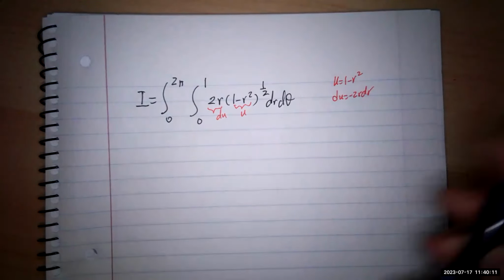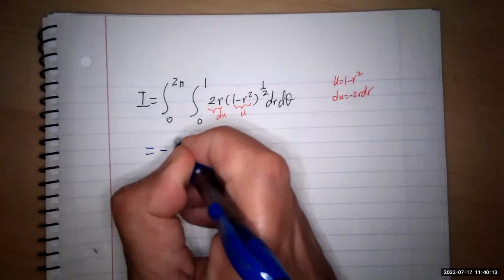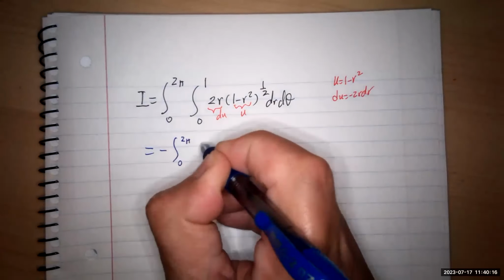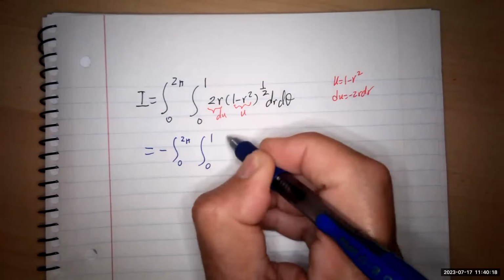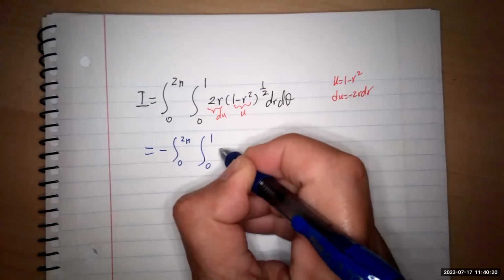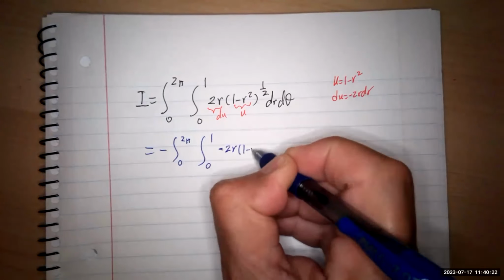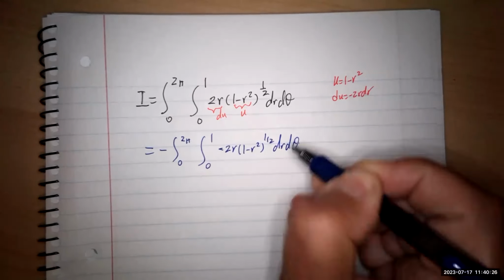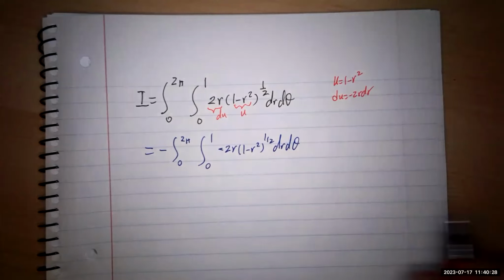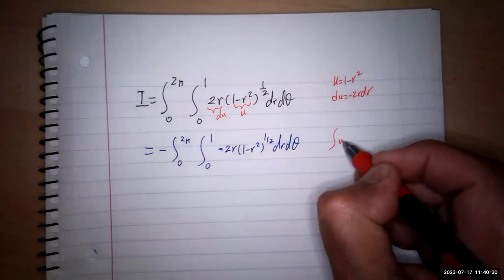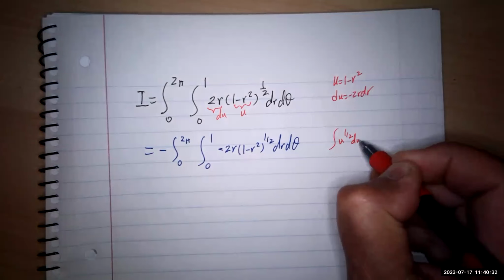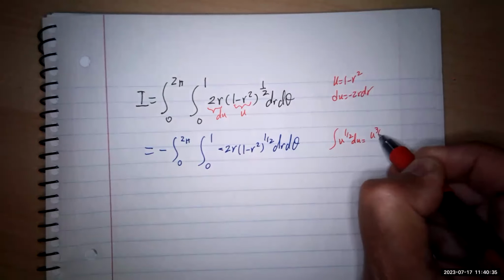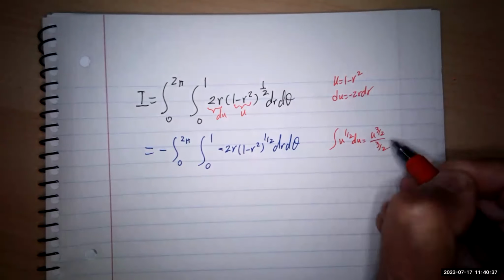So it's going to be equal to the negative integral from 0 to 2 pi, 0 to 1, of negative 2r. I can use the u substitution or just do it. This is going to be like u to the 1/2. You know the integral of u to the 1/2 is u to the 3/2 over 3/2.